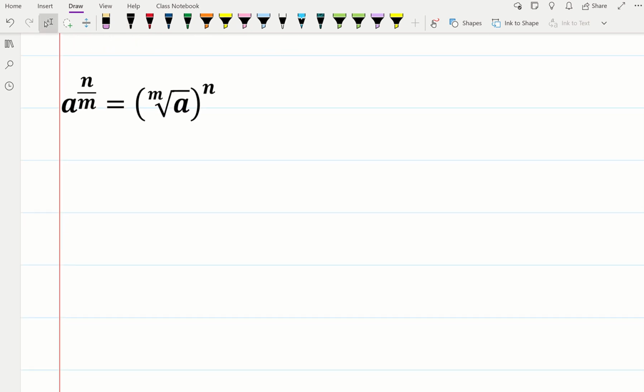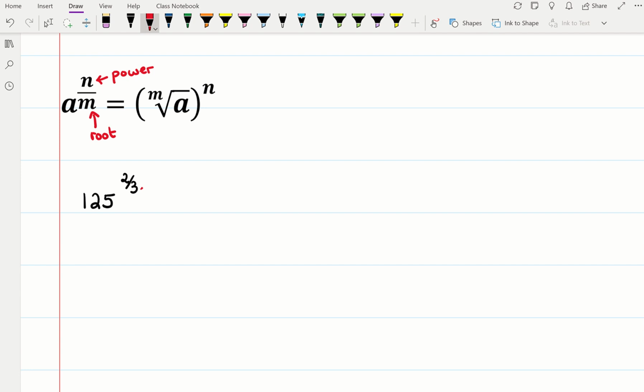For this one, it's a to the power of n over m, and that gives us the m-th root of a, so the bottom is the root, and then that answer is to the power of n. So the denominator is the root, the numerator is the power. Let me put something like this: 125 to the power of 2/3.